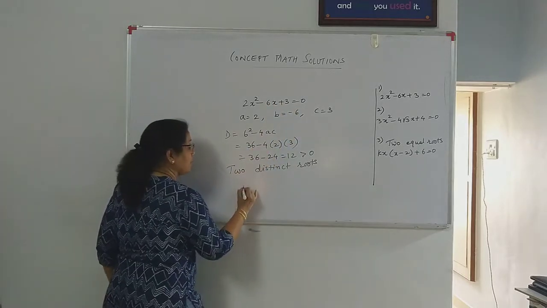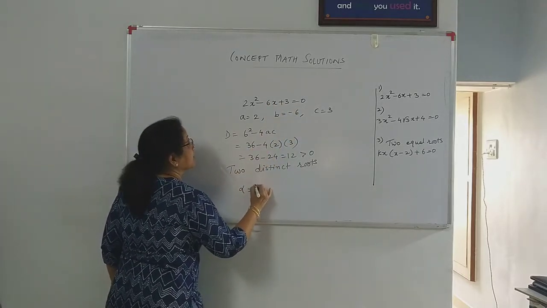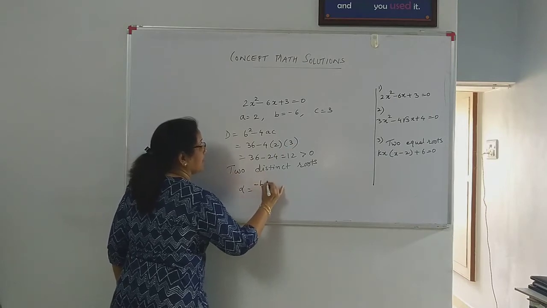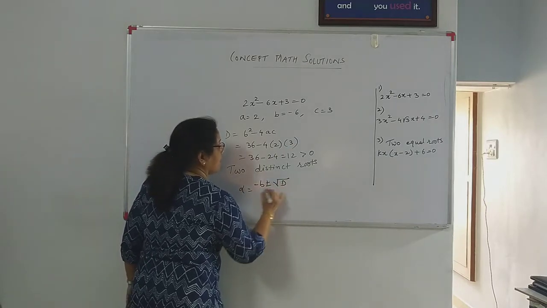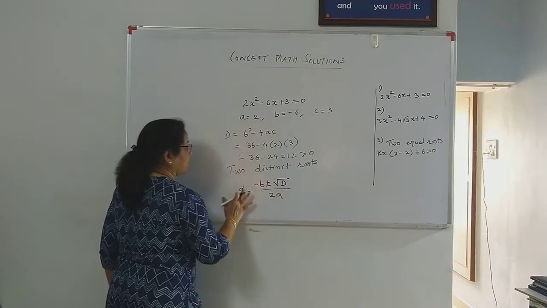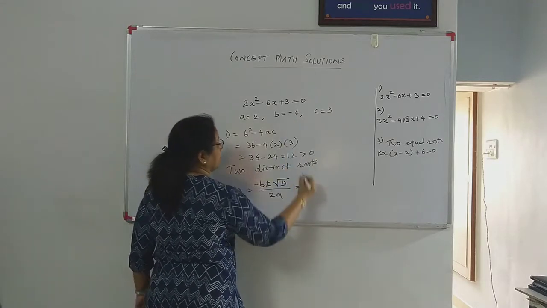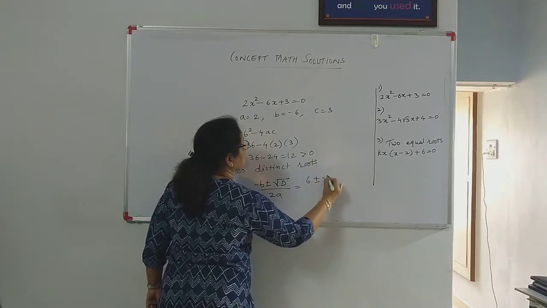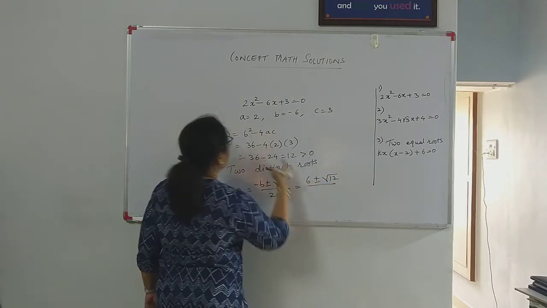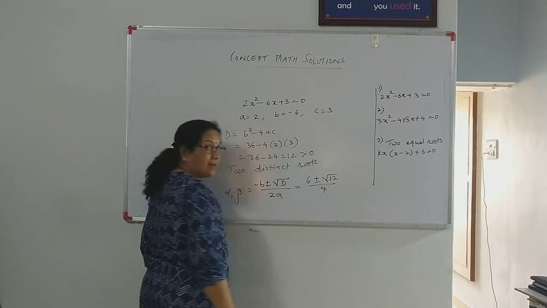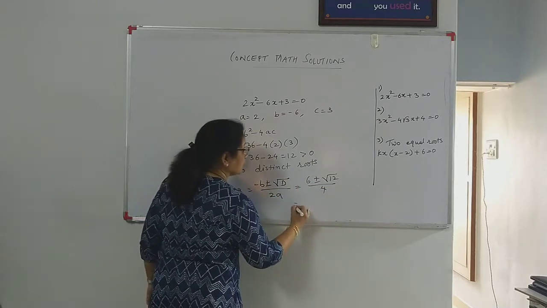Now if I have to find the roots, I will use minus b plus minus root of D upon 2a. We have this formula, which gives you both the roots. So minus b is 6 plus minus root of 12 upon 2a, which is 4. You can reduce it to the lowest form.